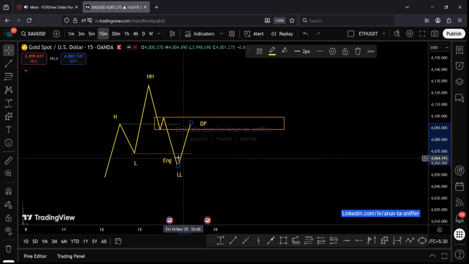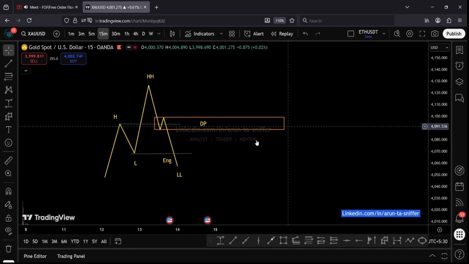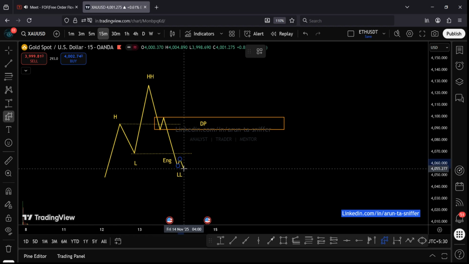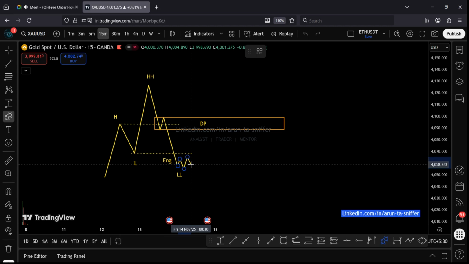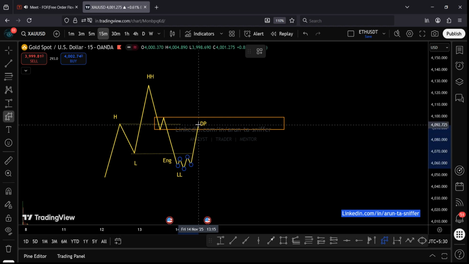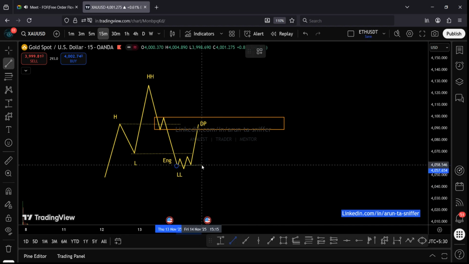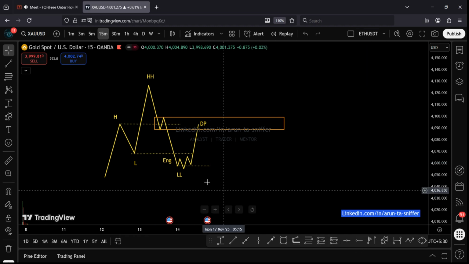We may go on lower time frame and look for the PA here and then enter the trade. Like we may look for the PA here like this. On a smaller time frame this will look like this, this QM level.